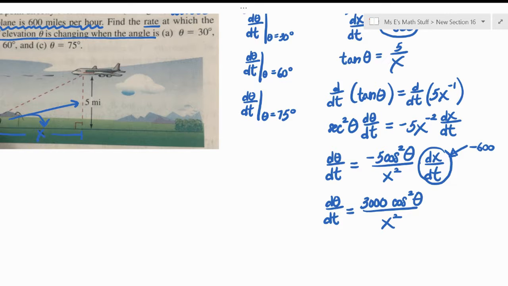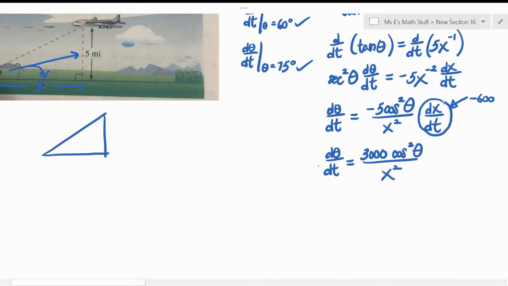And so now it's just a matter of finding d theta dt at these different angle values that they asked us about. So I'm going to go ahead and sketch the right triangle again here. Let's look at d theta dt when theta is 60 degrees.